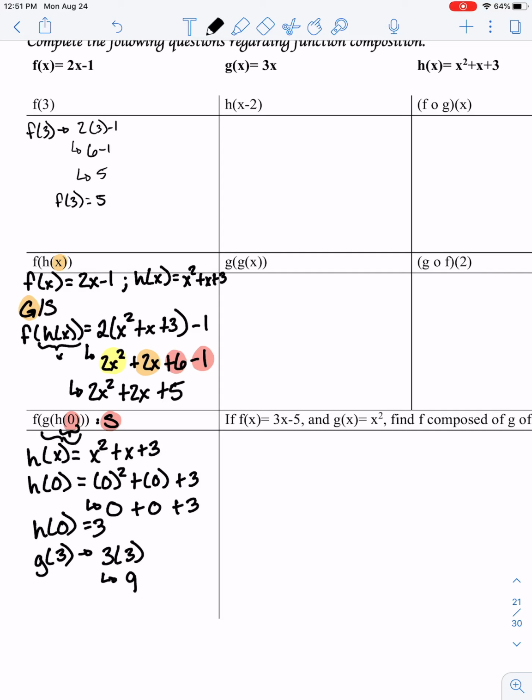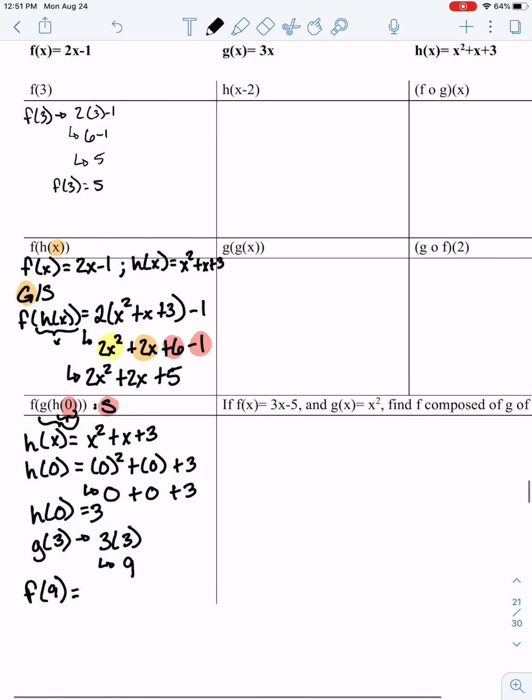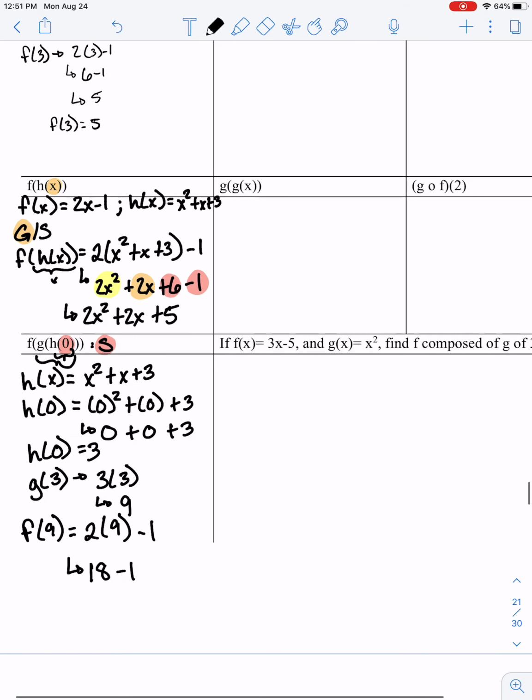I've now done this, which then becomes f of 9, which is equal to 2 times, in place of the x, g of 3, which was 9, and then subtract 1. 2 times 9 is 18, minus 1. 18 minus 1 is 17. And this should be my answer.